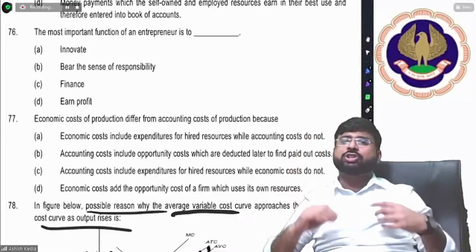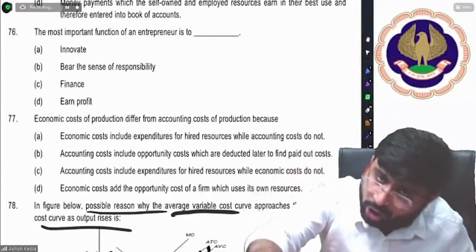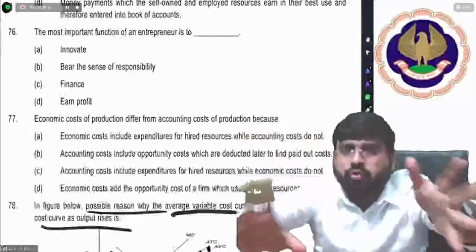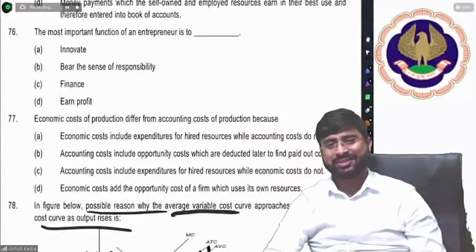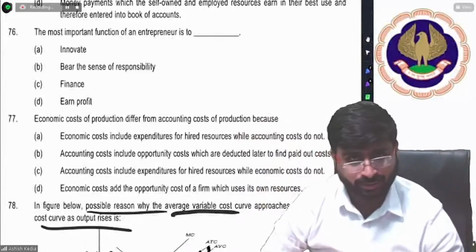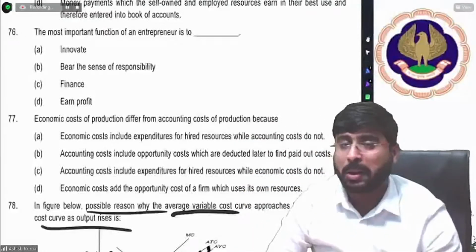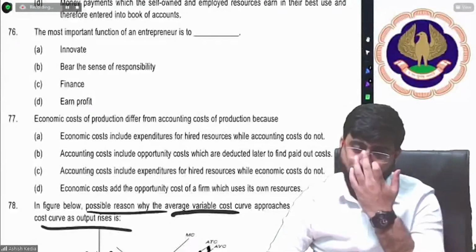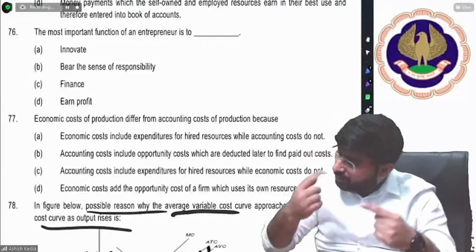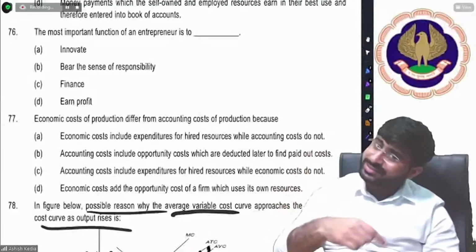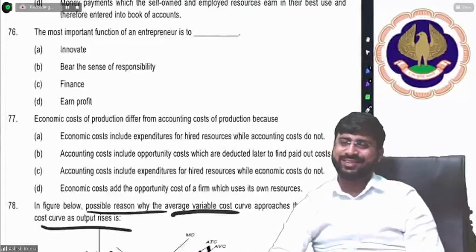In accounting cost, you only subtract those costs which result in actual outflow. But in economic cost, you deduct the accounting costs, and also if in the process some income has been sacrificed, that is also computed here.